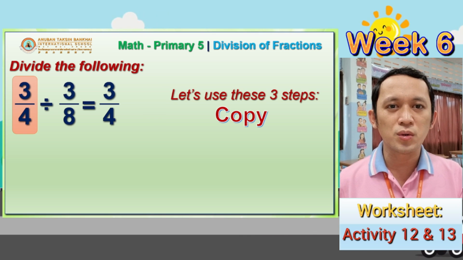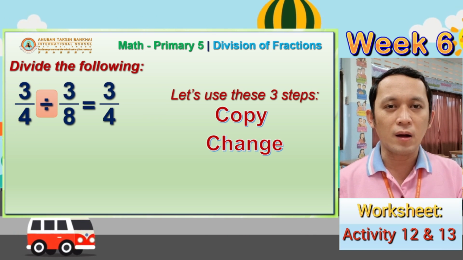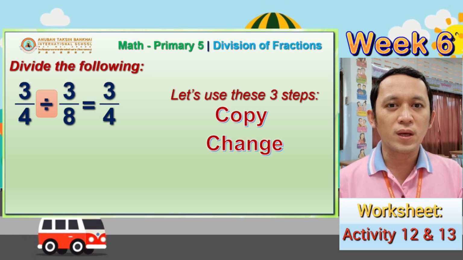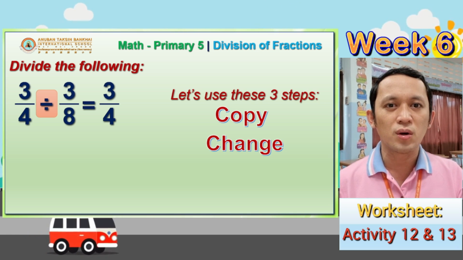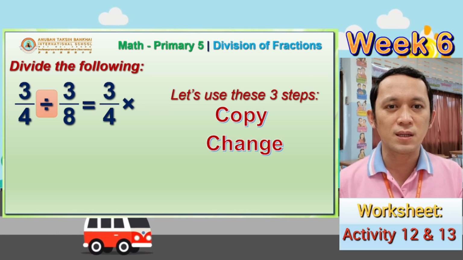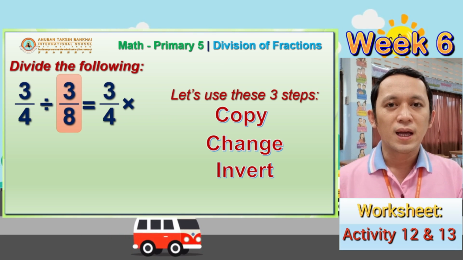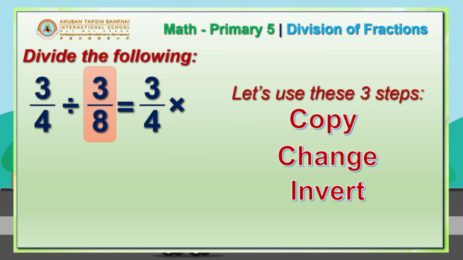Next, we are going to change. So our operation of division, we are going to change it to multiplication. So we're going to write multiplication there. And the last one, we are going to invert. So 3 over 8, we are going to get the reciprocal of this fraction.